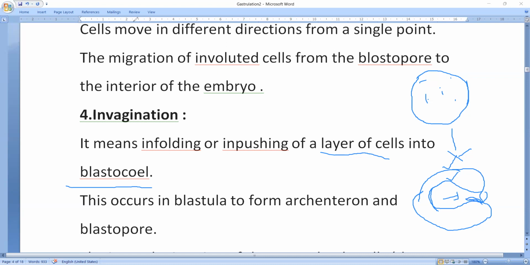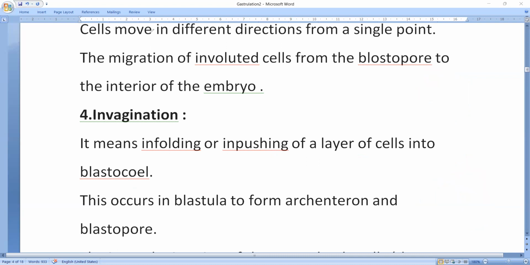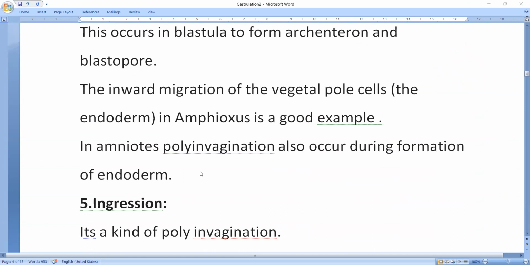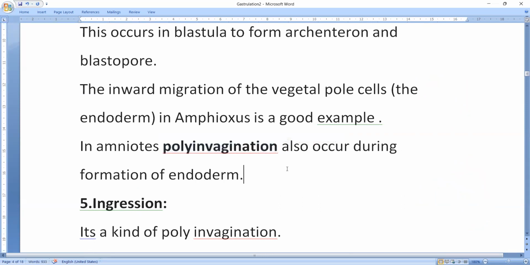Anyway, that is about invagination. Yeah, it is very common. Sometimes polyinvagination is also seen, which means invagination occurs in many places of a single embryo.